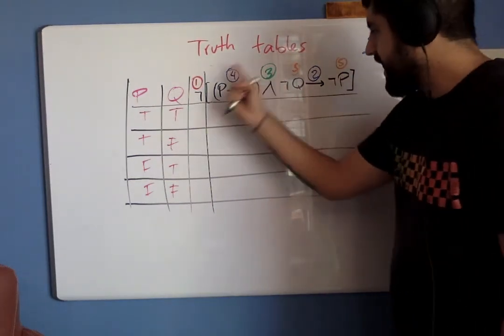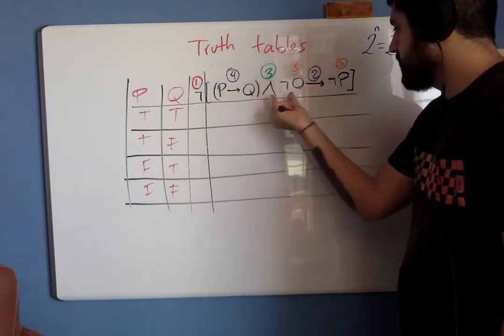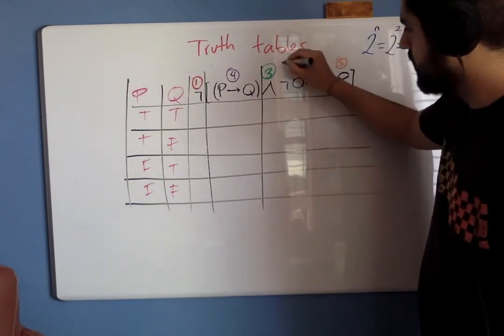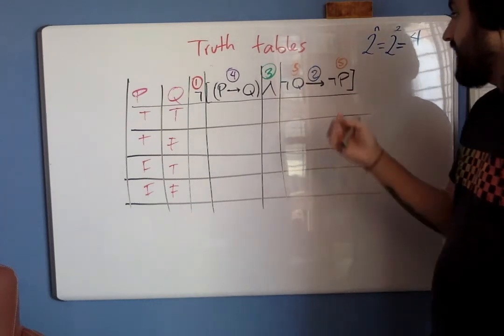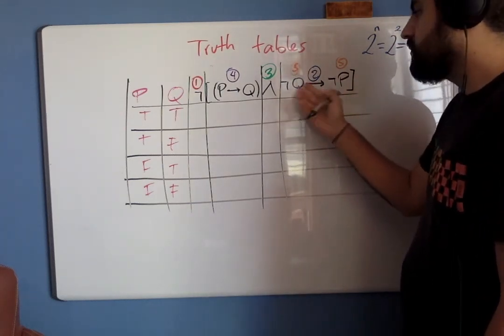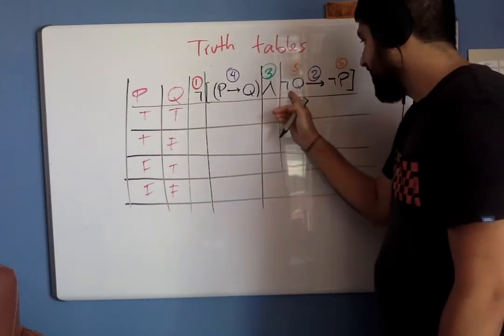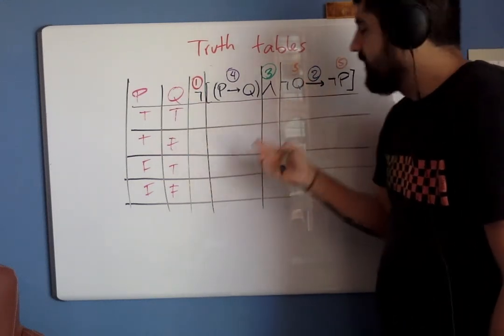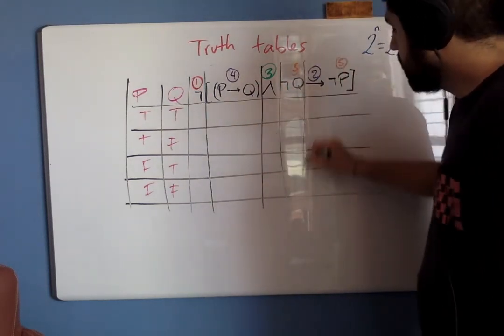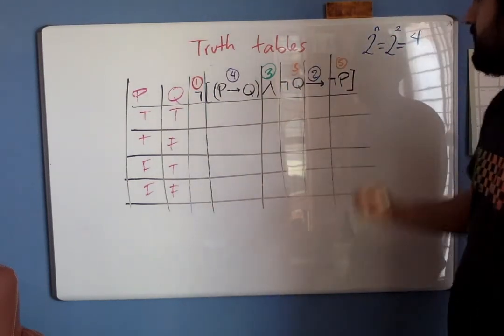We have 4 as this expression, 5 with this expression, and 3 here. So we are going to put one column here and another column here. And this expression number 2, where we have the negation of Q, we know Q, but the negation of Q is not the same as Q, and the negation of P is not the same as P, so we need another column here and another column here, okay?